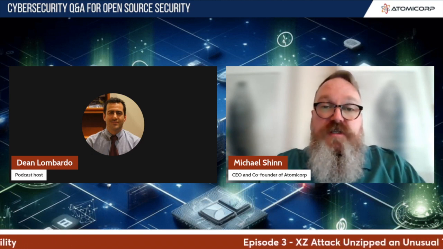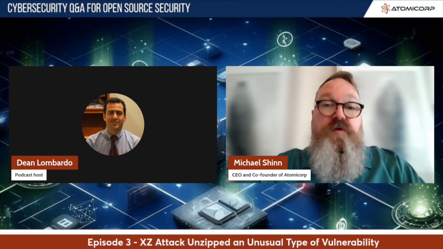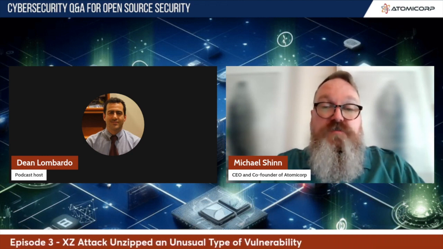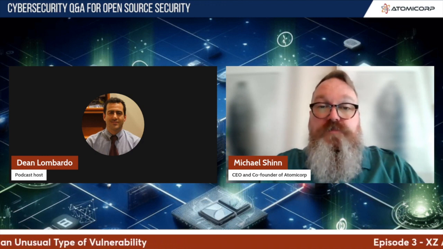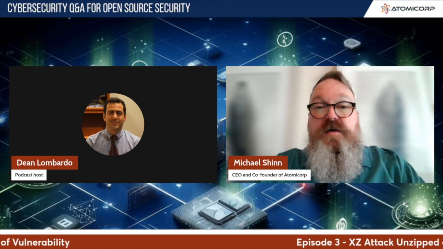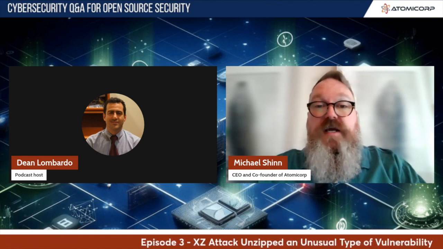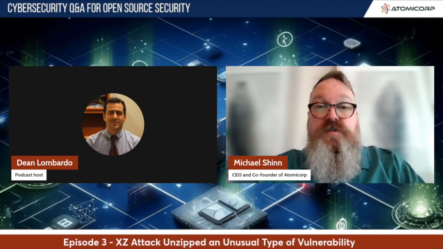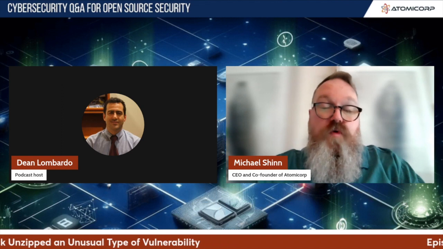This was, as Dean said, a targeted psychological attack on the developer of the XZ Utils project, what is now in some circles called a pressure attack. The idea here is that you apply psychological pressure to a person to get them to fold, to do what you want them to do.